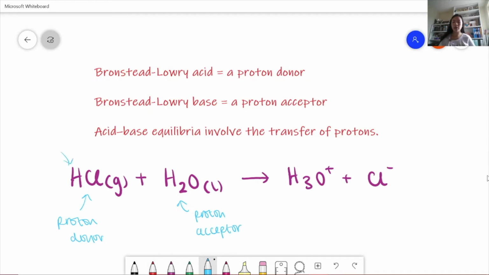And so here we have the acid and the water is acting as the base. And the third thing to know is that acid-base equilibria involve the transfer of protons.